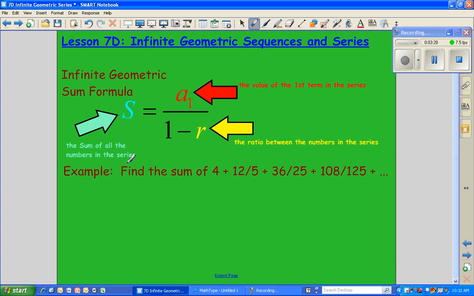Let's look here. Find the sum of 4 plus 12/5 plus 36/25. Alright, so first let's check our R value. So we're going to take the second number, 12/5, divided by 4. That's the same thing as 12/5 times 1/4.